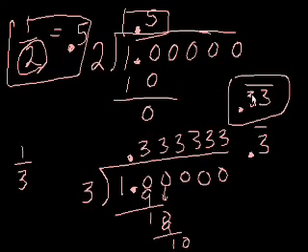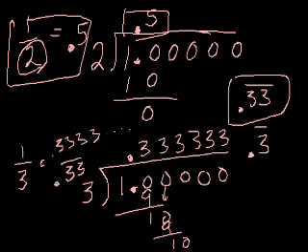Maybe I'm just mistaken. But in general, this line on top of the decimal means that this number pattern repeats indefinitely. So 1/3 is equal to 0.33333, and it goes on forever. And that's equal to, another way of writing that is 0.33 repeating.